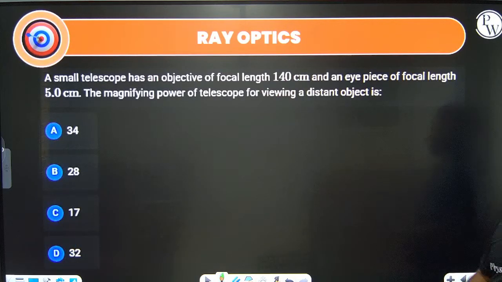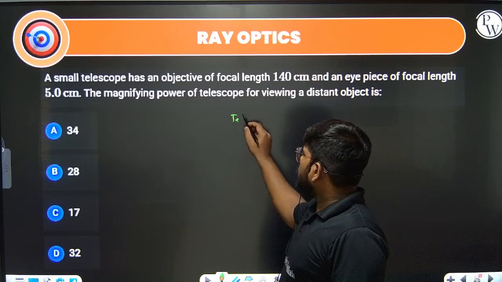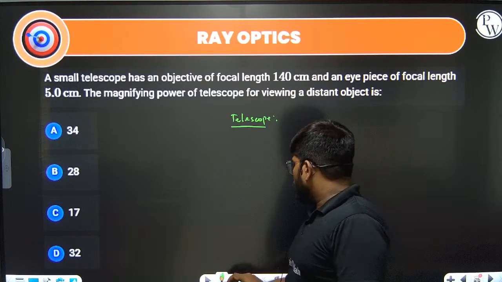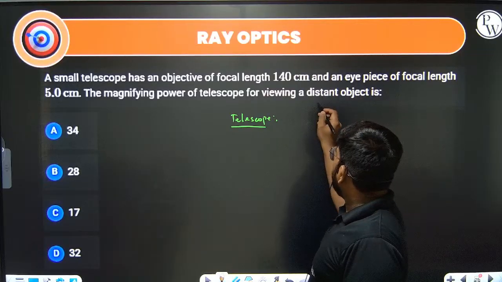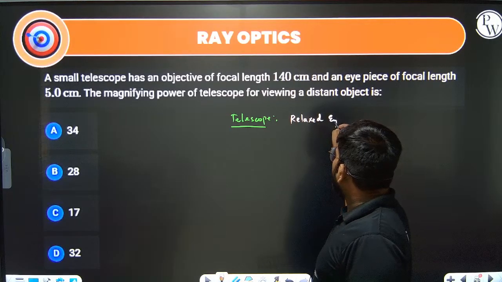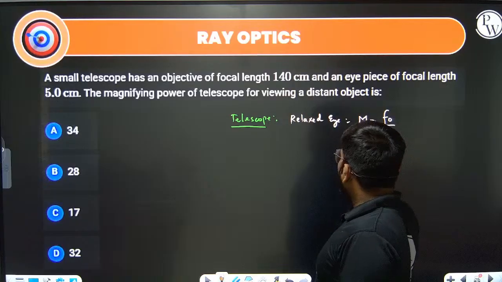Now coming to the last topic of ray optics, that is telescope. They asked questions on telescope. So telescope is a simple case, where the magnification for the relaxed eye, M is equal to, what is the formula? FO by FE. Direct question is asked here.